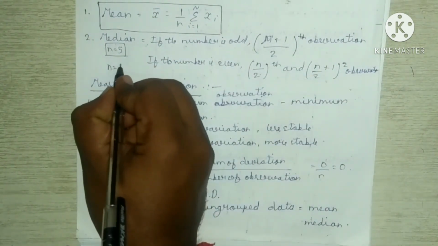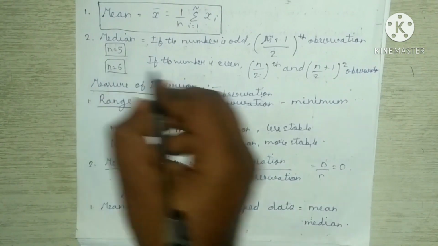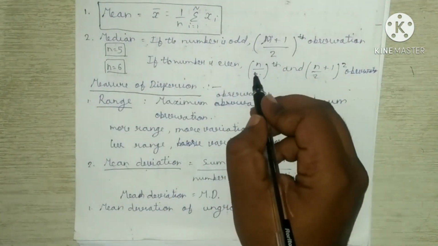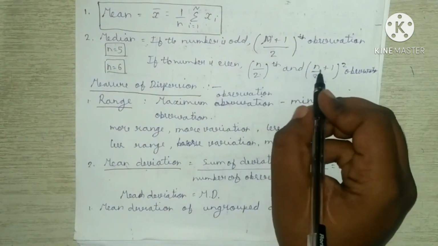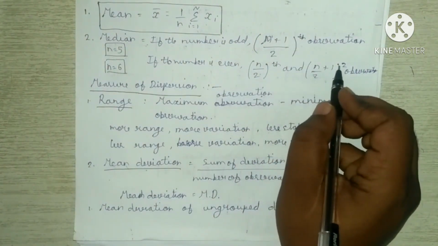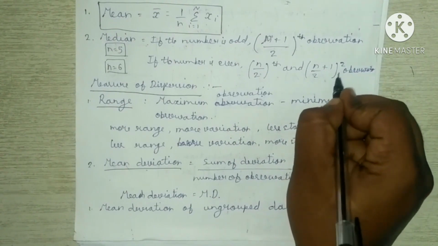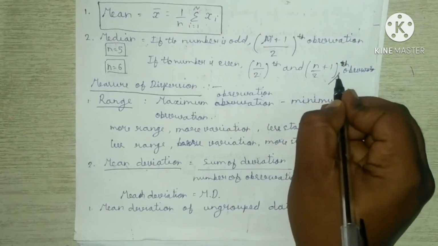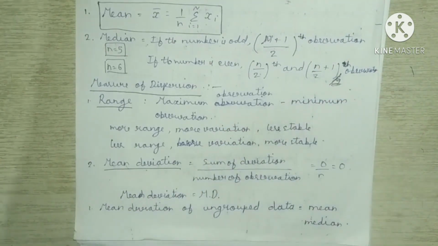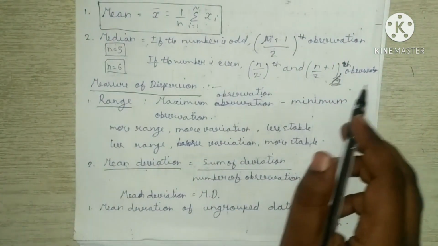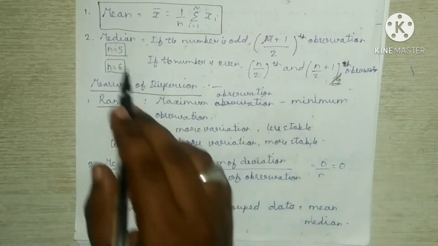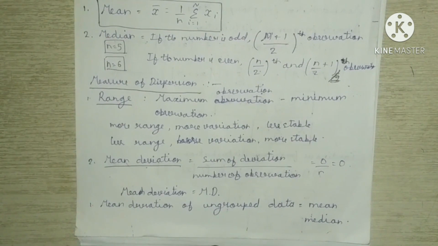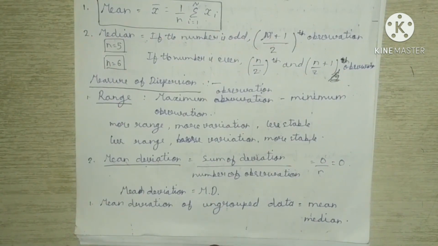If n is equal to 6, that means even, you need to use this formula: the n by 2 th term and the (n plus 1) by 2 th term, divided by 2. These are the observations you need to use to find the median according to the tabular column. This will be explained while solving the problems.